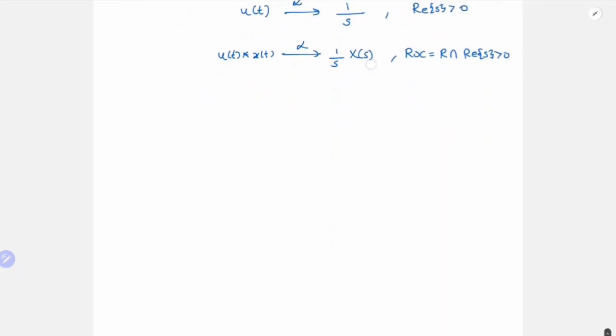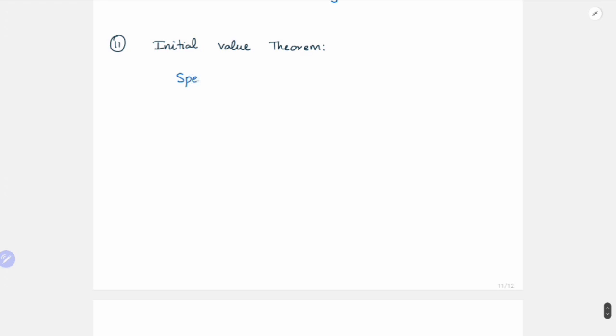So next we have the initial value theorem. This is again a very important theorem, and it is valid only under some specific constraints. So let us see the constraints.